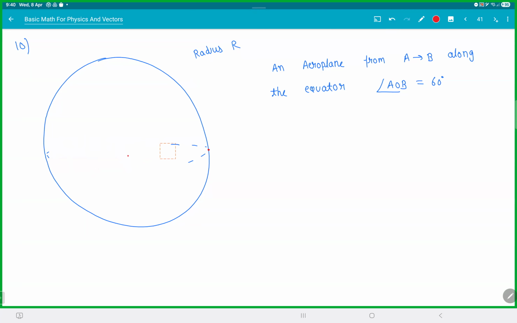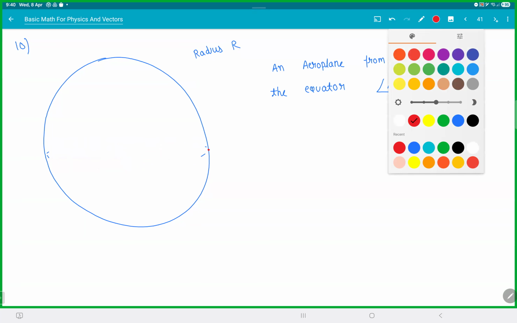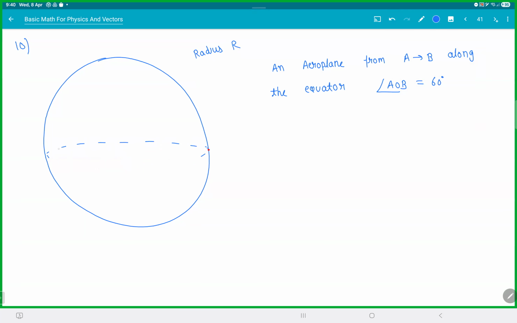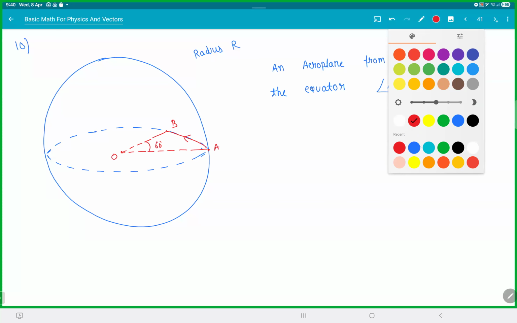This thing I didn't draw well. So this is O, this is B, this is A. This angle is 60 degrees. So the plane flies from A to B, 60 degrees.